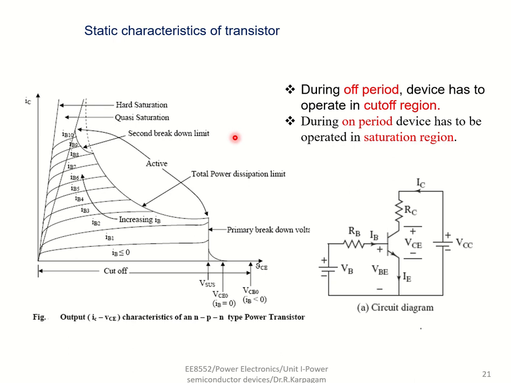In case of BJT, both secondary breakdown and primary breakdown lead to catastrophic failures. So in the static characteristics of transistors, the base current is held constant by varying base emitter voltage, and thereby we vary the collector current with respect to collector emitter voltage.